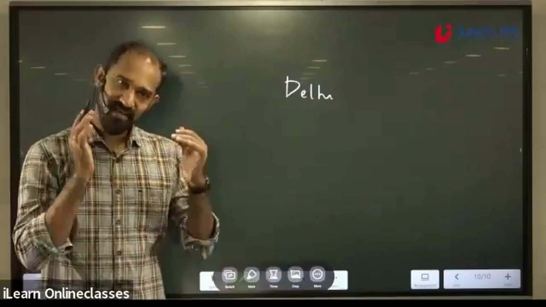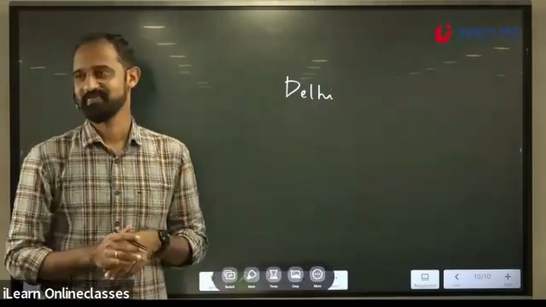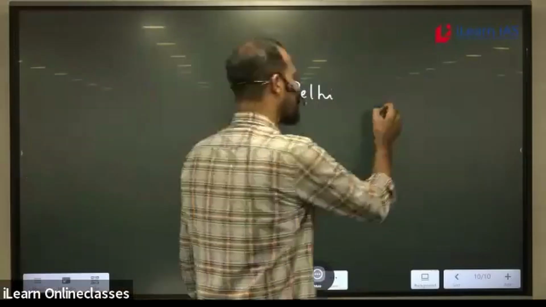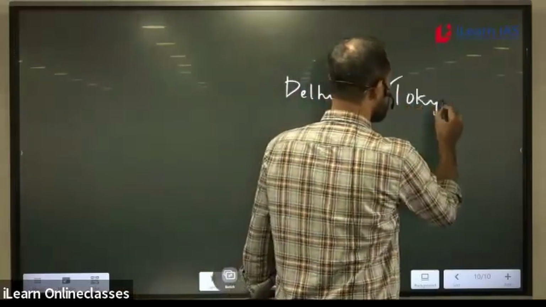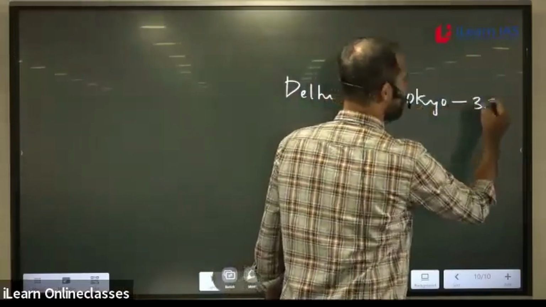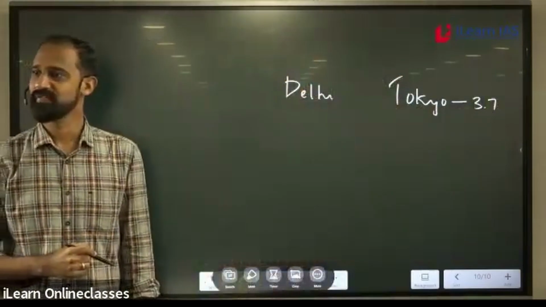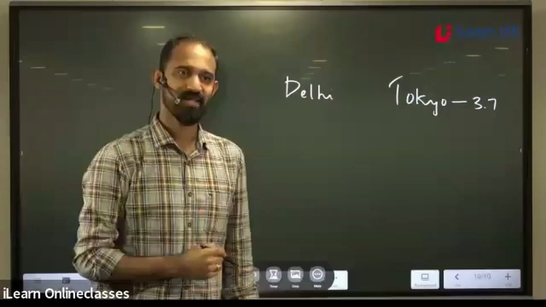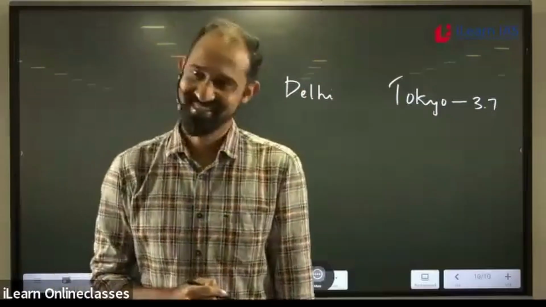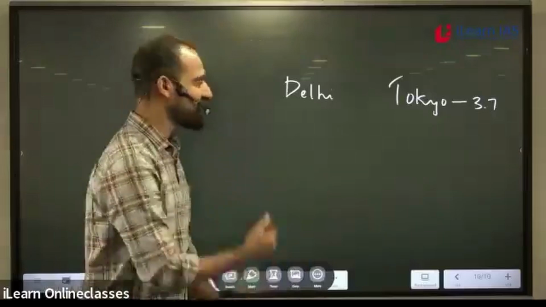No, New York can be in terms of influence. Tokyo is the largest urban agglomeration in the world in terms of population. It has a population of 3.7 crore, more than the population of Kerala. That big is Tokyo.